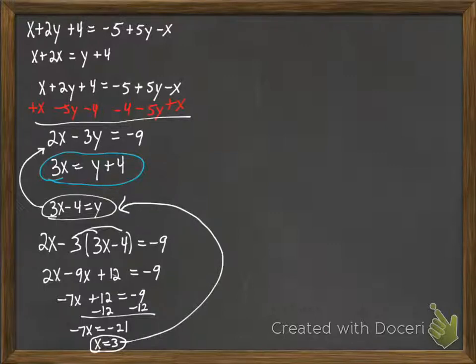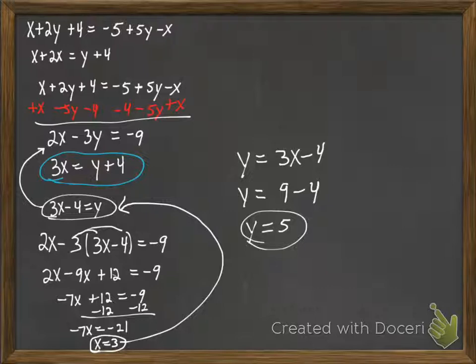So we can go into that equation, replace x with 3, and then solve for y. And so we do just that. y is equal to 3x minus 4. We know x is 3. When we plug 3 in for x, 3 times 3 would be 9. 9 minus 4. And so finally we get y is equal to 5.